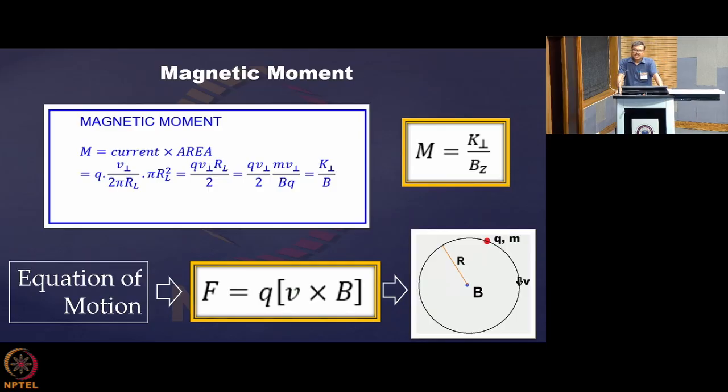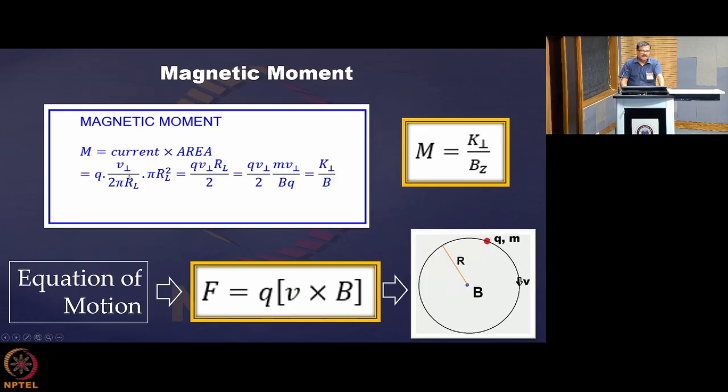What is the current? Current is charge into frequency. What is the frequency? V perpendicular is the velocity, per second how much length it covers in the orbit, and this is divided by 2 pi R_L, which is basically the perimeter of that circle. So if you divide, then how many rotations it has made per second is known. That is nothing but the frequency.